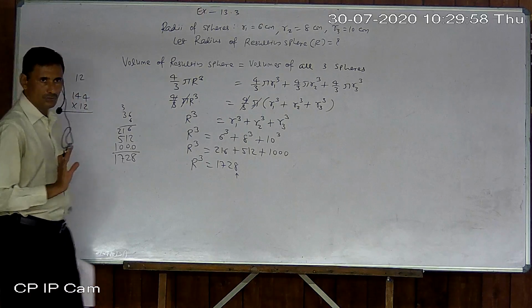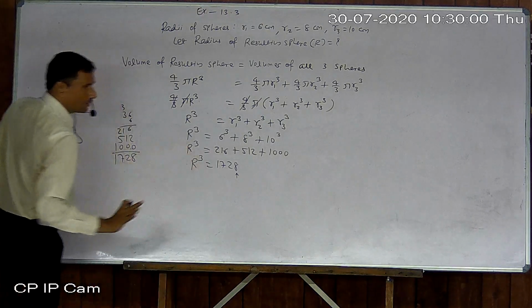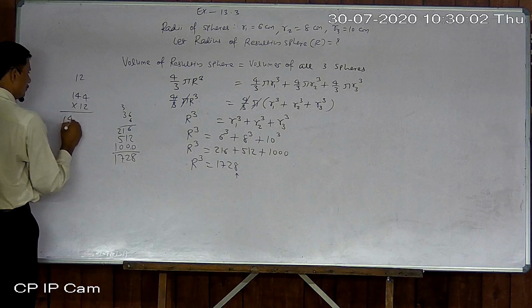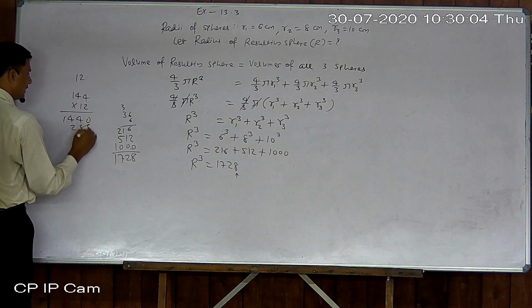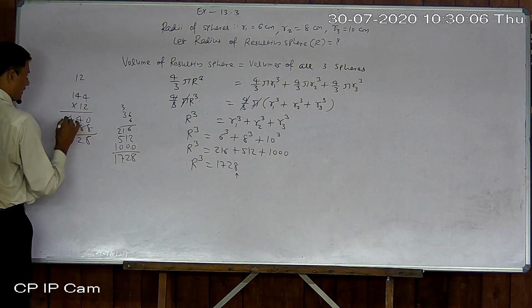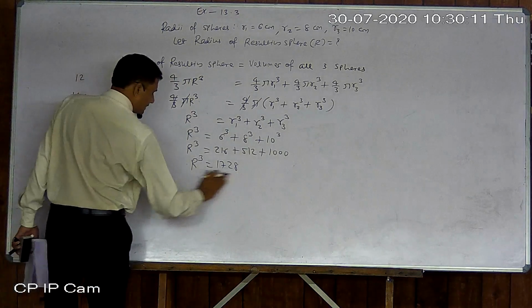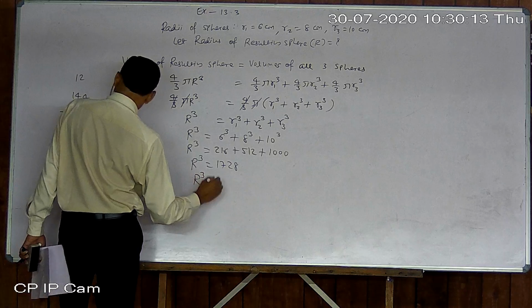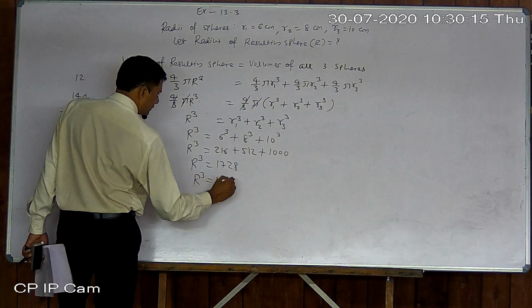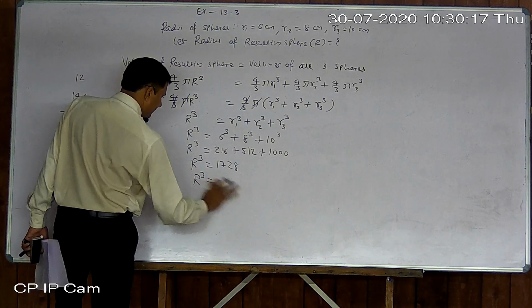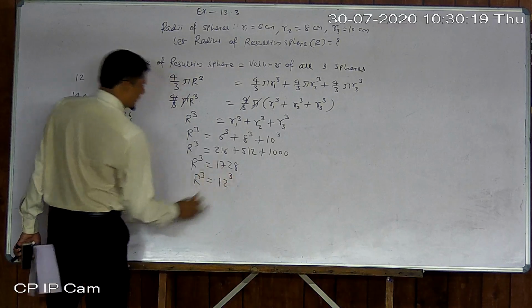I don't know whether it is a cube of 12 or not. So now 1440, 288, 1728. Okay, so that is the cube of 12. Oh, sorry, 1728 is 12 cube.